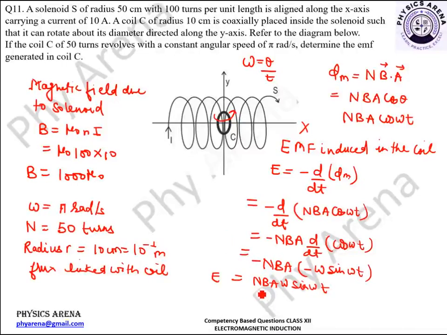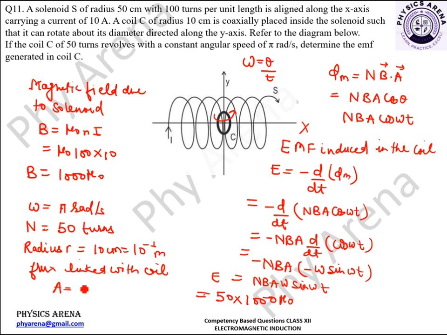Now we have to use the value of N, B, A and omega in this equation in order to get the EMF. So N is equal to 50, and B, the value of magnetic field we have calculated, is 1000 mu naught. And the area of the coil can be calculated as pi r square. So the radius was 10 to the power minus 1.